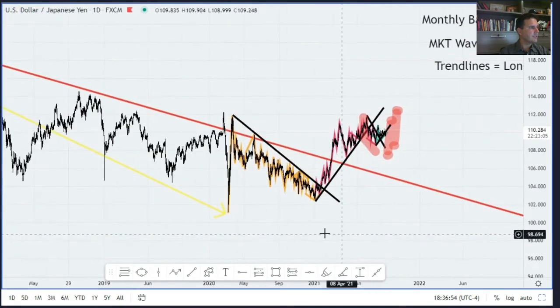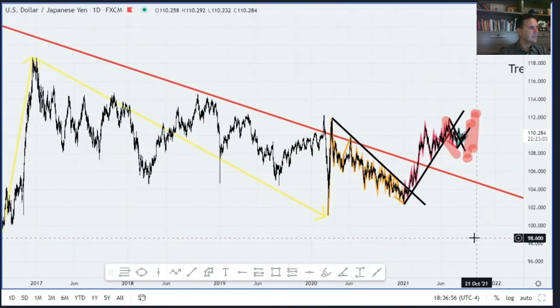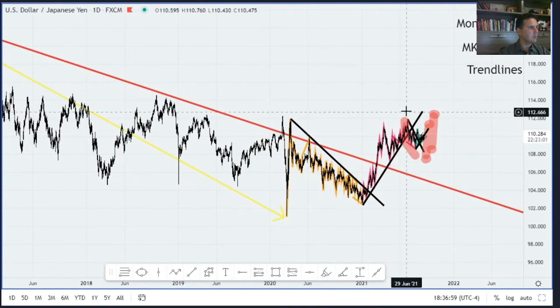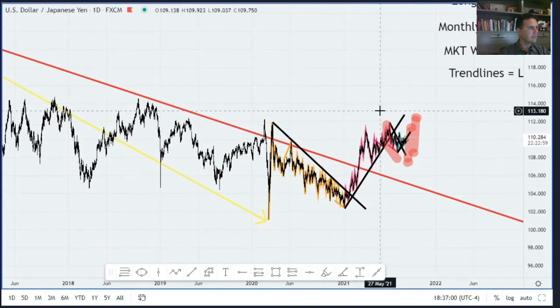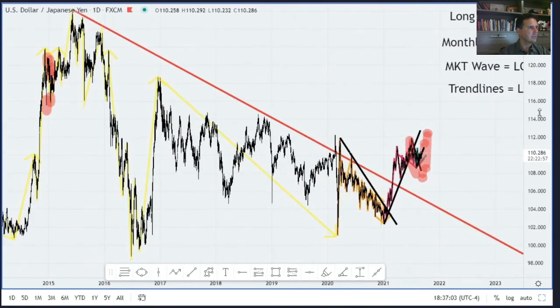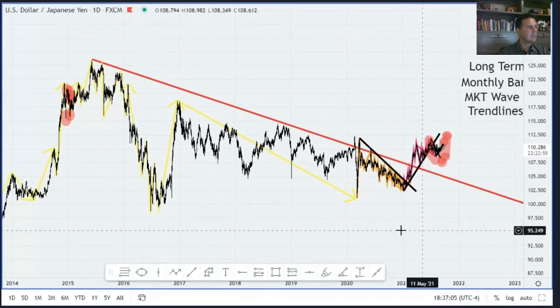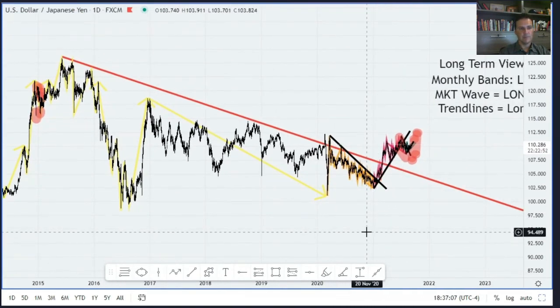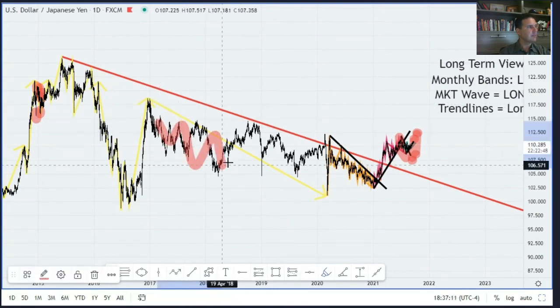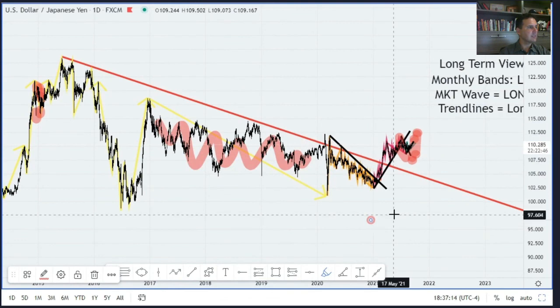Do you understand, everybody, why going long was a great entry? No, I don't. Well, look at the market wave. And back in time, why going short was a great entry? The market wave explains a lot of stuff, everybody.